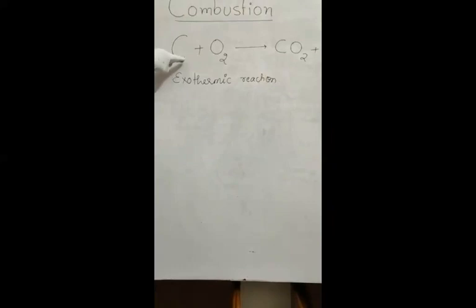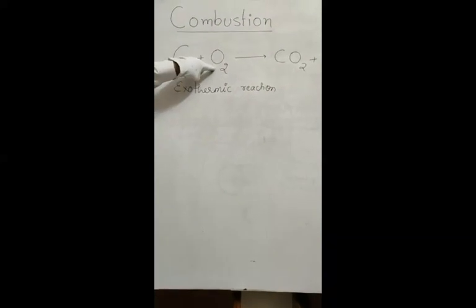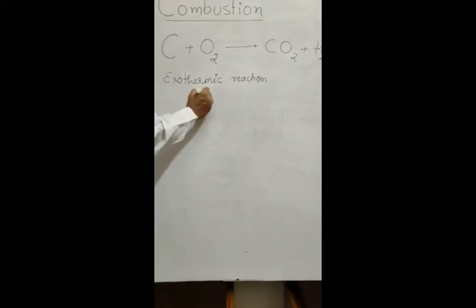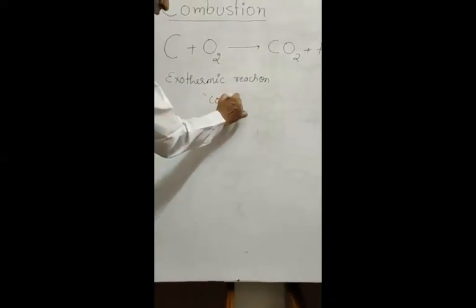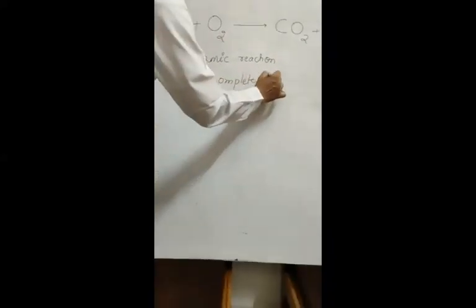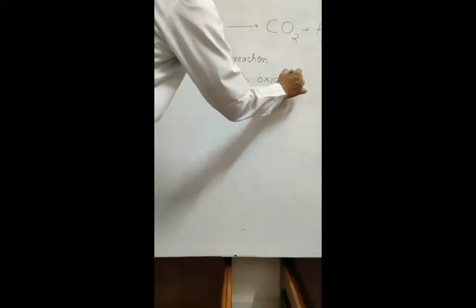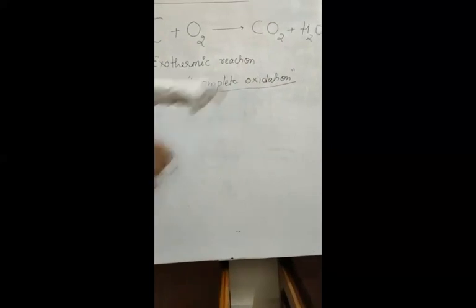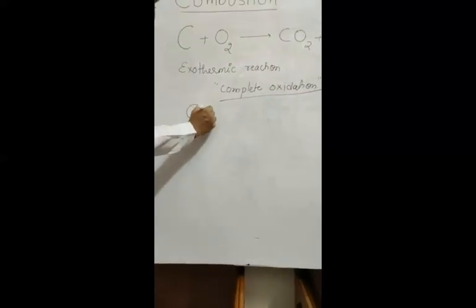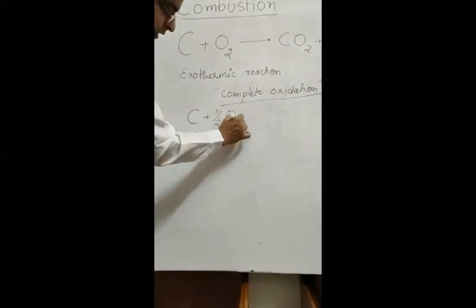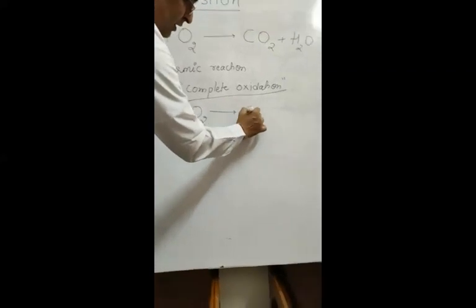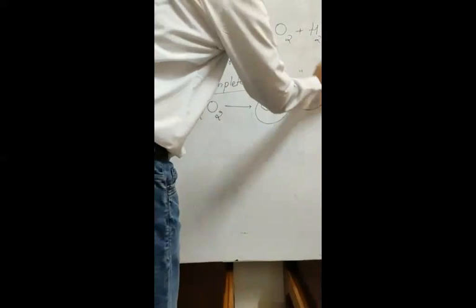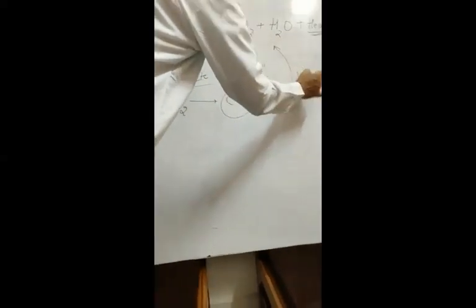So you can see that carbon combines with oxygen to give carbon dioxide, and it is the complete oxidation, the process involving the combination with oxygen. Had it been an incomplete oxidation, then the equation will be represented as carbon monoxide. This carbon monoxide then further combines with oxygen.